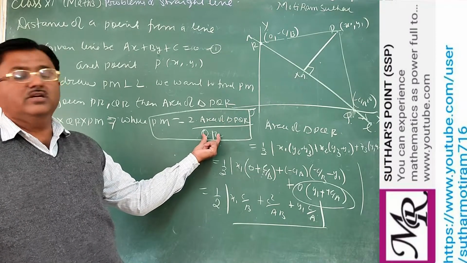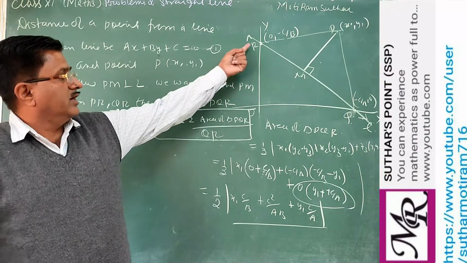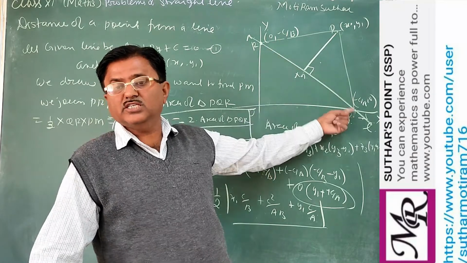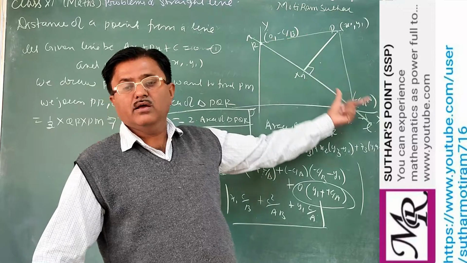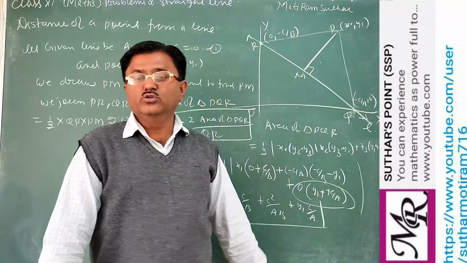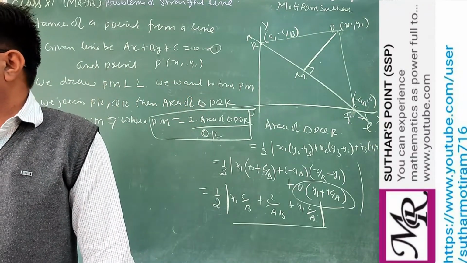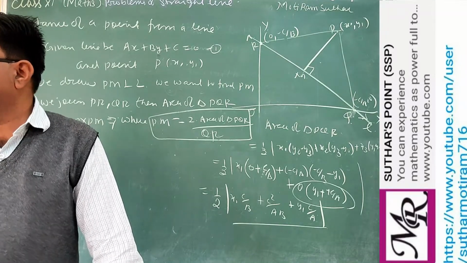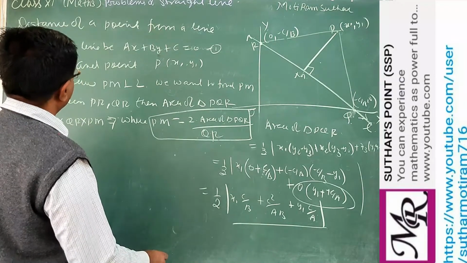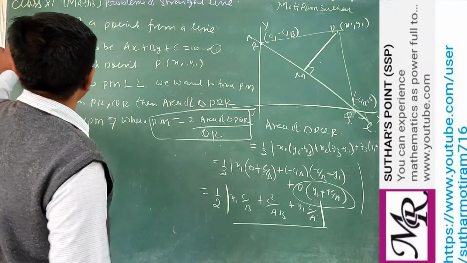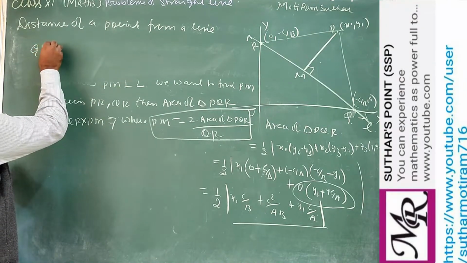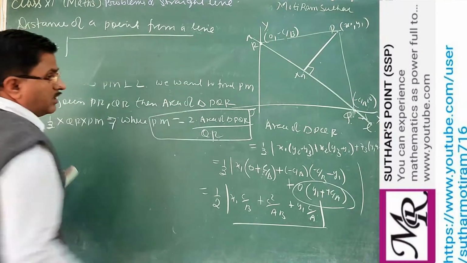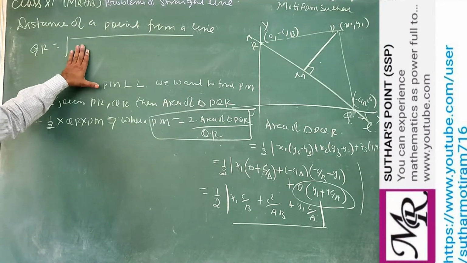Next thing we need is QR. What is QR? Use the distance formula, as you see in 10th class. We know the coordinates of R and Q, so using the distance formula one can find QR. QR equals root of x2 minus x1 whole square plus y2 minus y1 whole square.